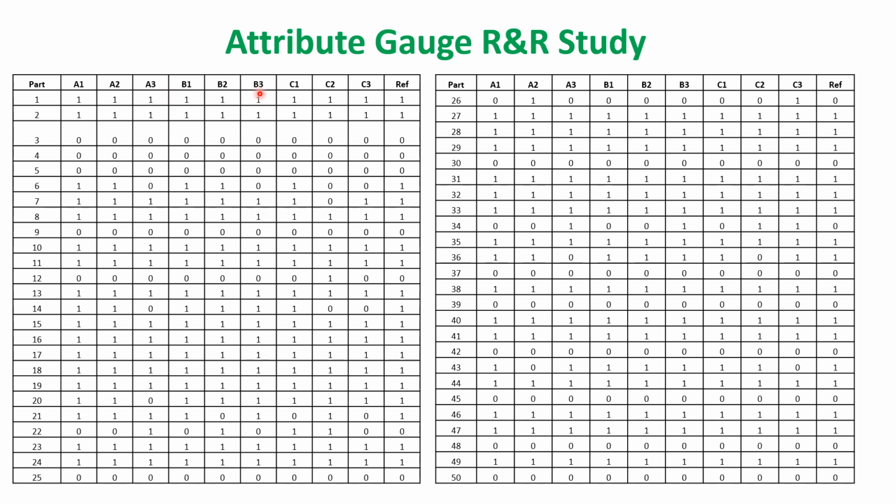Similarly, B1, B2, B3 for operator B, C1, C2, C3 for operator C. So they will be taking the readings randomly, and whenever they find okay, they will write 1, and whenever they find not okay, they will write 0. Okay, now let us see the calculation part.